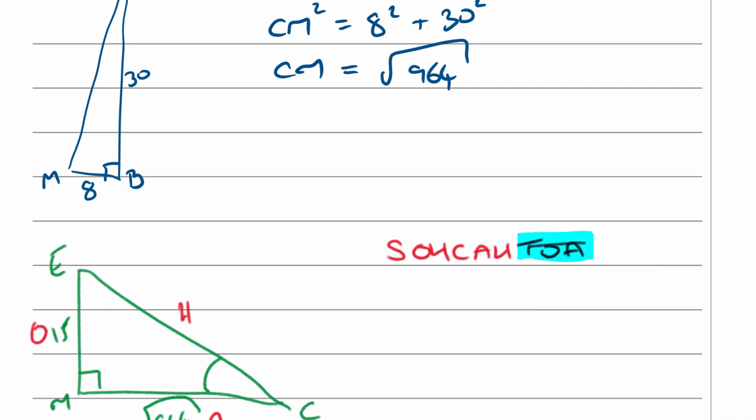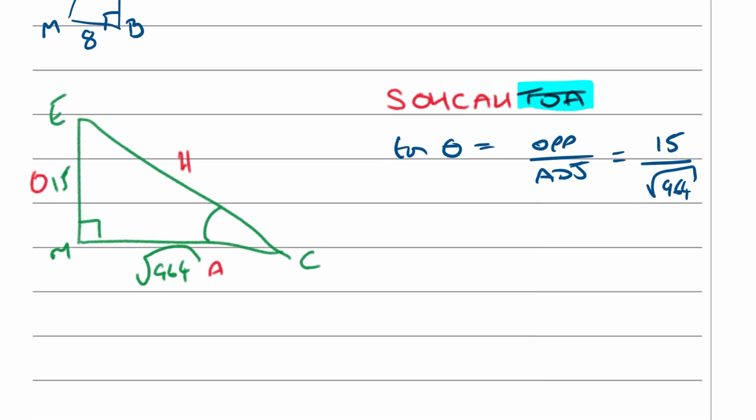Tan is equal to the opposite over the adjacent. So tan theta equals opposite over adjacent. So that is equal to the opposite, which is 15, divided by the adjacent, which is the root of 964. So then theta I'm going to get by doing the inverse tangent of 15 divided by root 964.